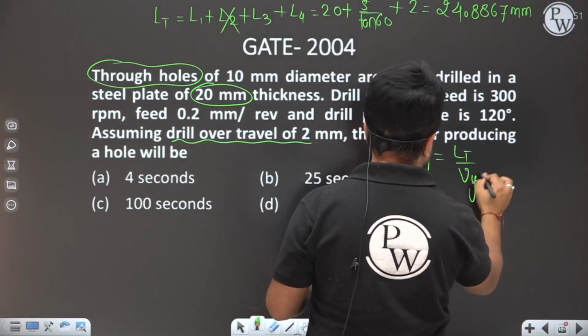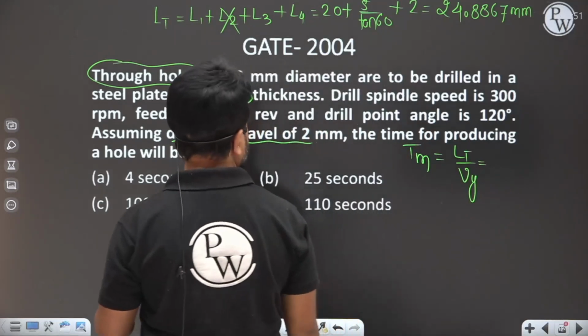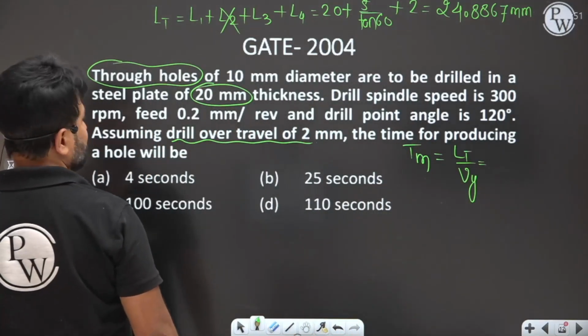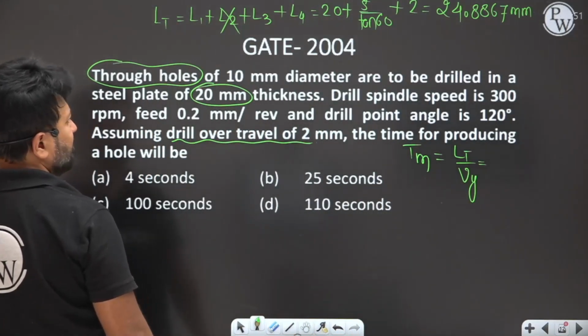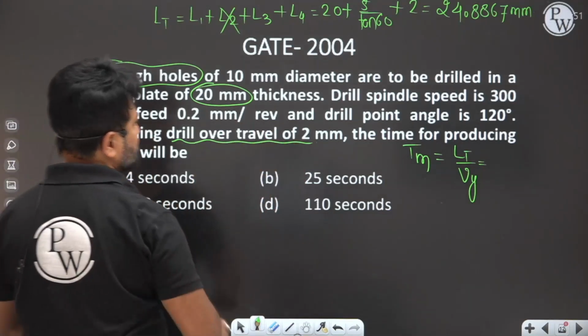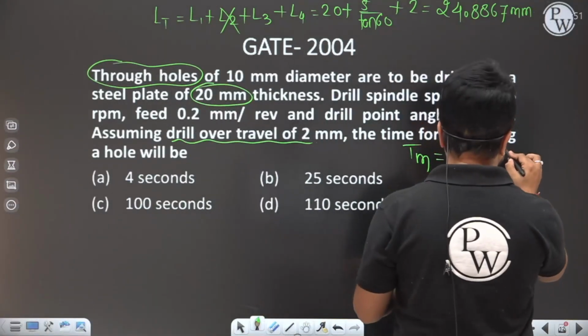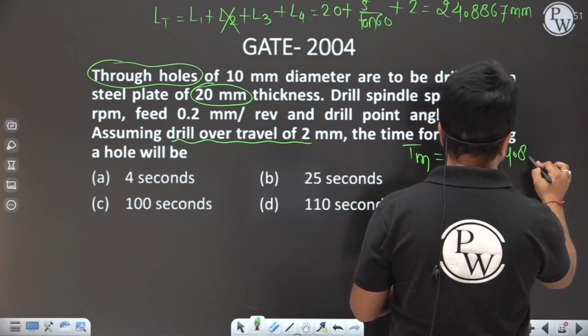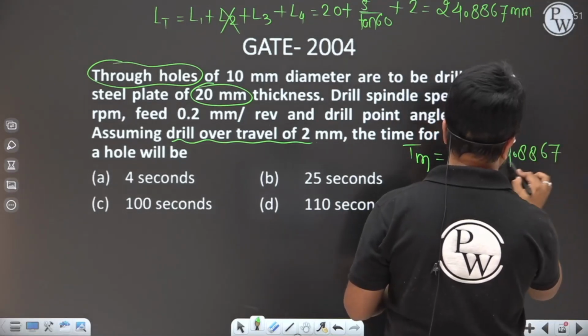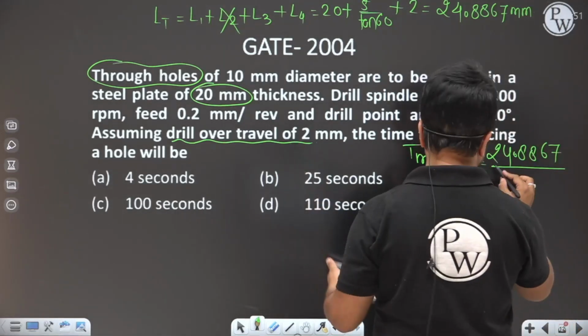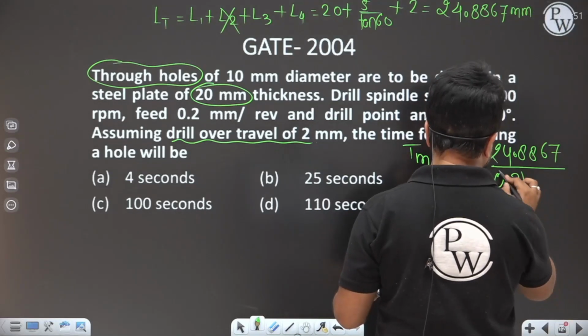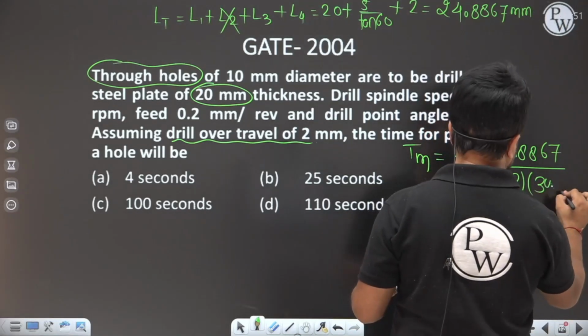Now the machining time is total length divided by Vf. Here RPM is given, feed is given. So LT, that is 24.8867, divided by Vf, that is 0.2 into N, that is 300.